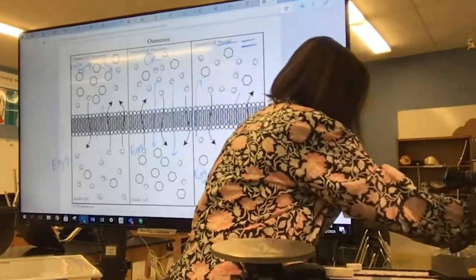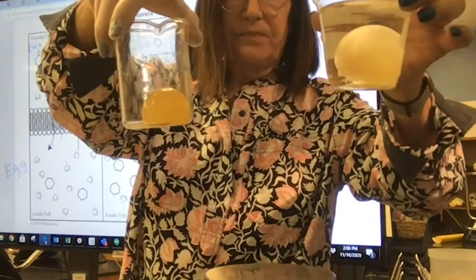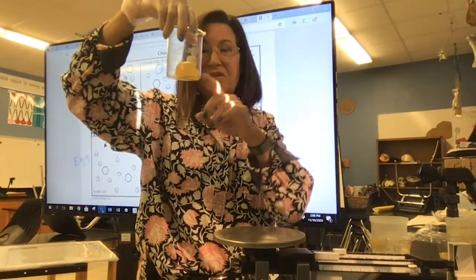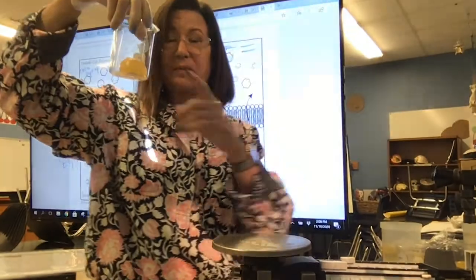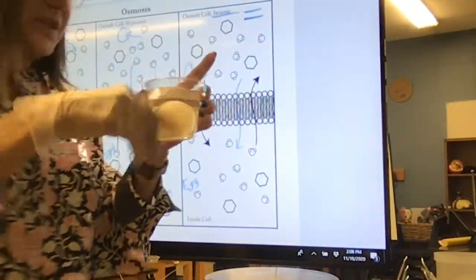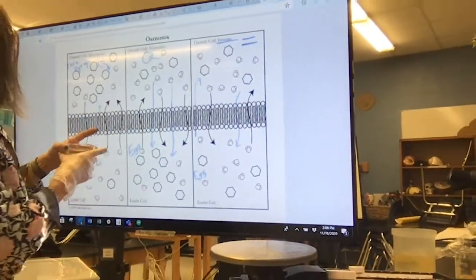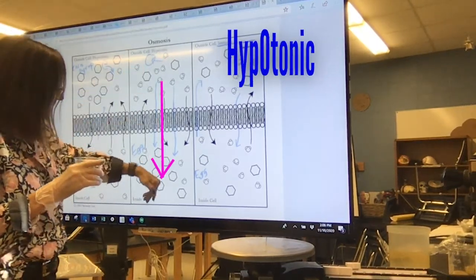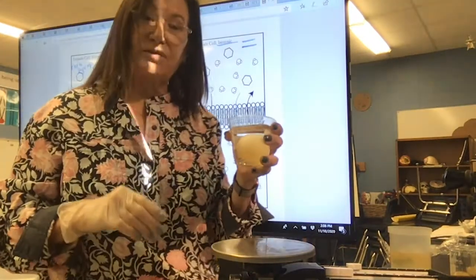We went from this to this. So what we can see is that when we put this one in the water, the egg had no water in it, right? Because it just got sucked out by all that corn syrup. So when we put the water in it, it got bigger because water went back inside that egg. So if we look here, it became hypotonic again, because this water went back into the cell, and that's why it got so much bigger.